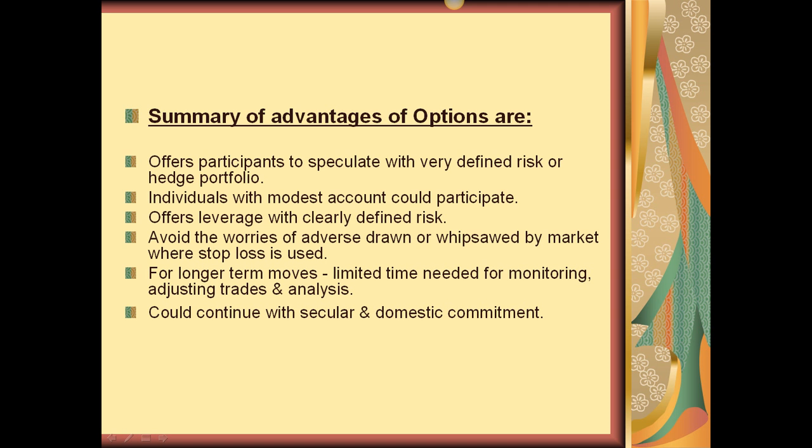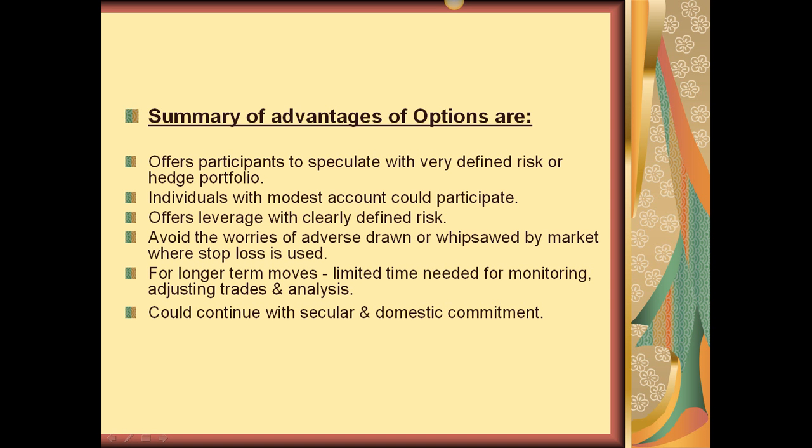But with options, because you are not worried about adverse drawdown against the remaining cash balance on your account, you could withstand that. And you could allow the time to work for you, for the trade to begin to unfold, hopefully in the direction that you traded, and become profitable.